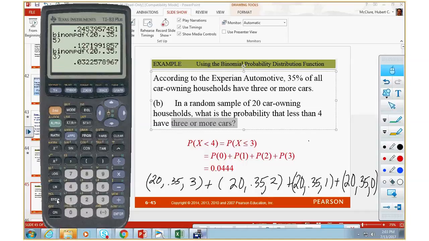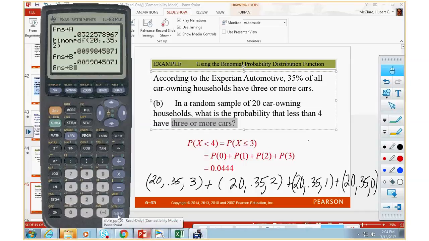And I'm going to stow alpha A. Second entry, 2, enter, stow, alpha B. Second entry, 1, enter, stow, alpha C. Second entry, and 0.